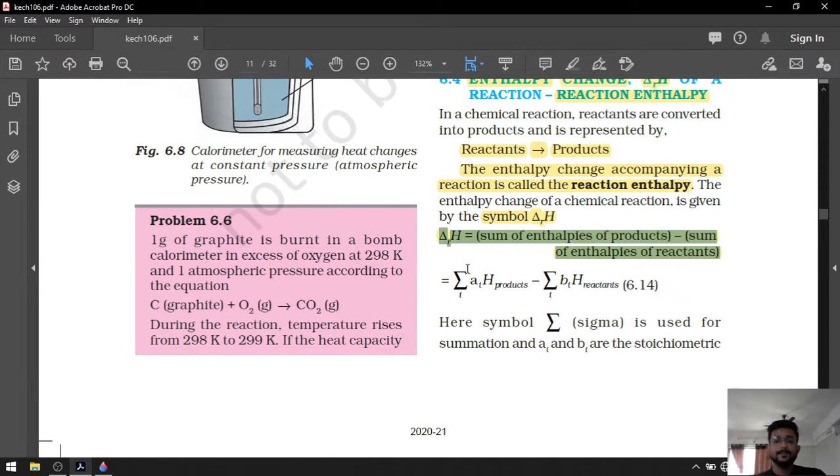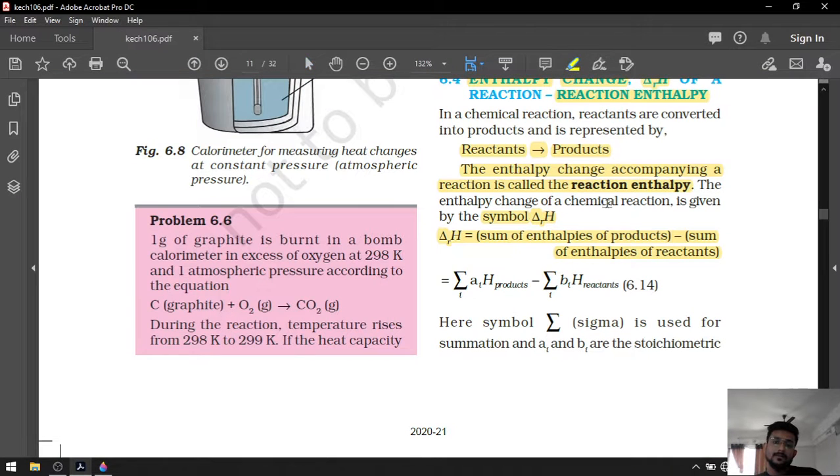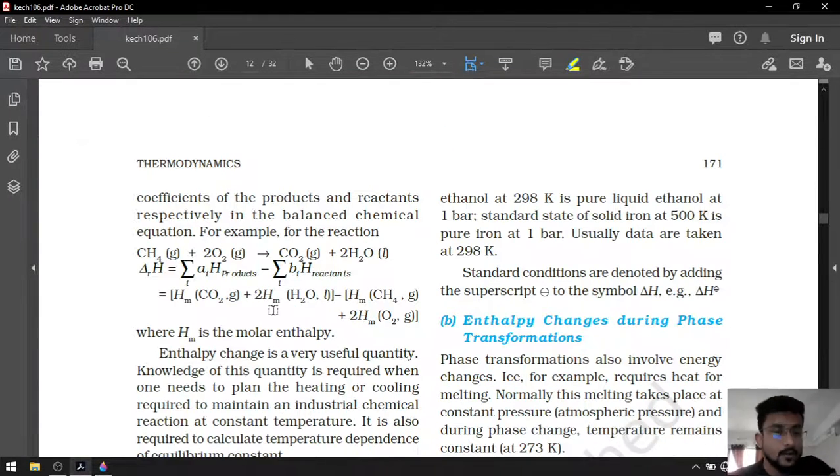Look at this. It is also denoted by this formula where they used the sigma sign, but it is not very useful for us. We are simply going to use the word formula. Here the symbol sigma is used for summation, and Ai and Bi are the stoichiometric coefficients of a product and reactant respectively in the balanced chemical reaction.